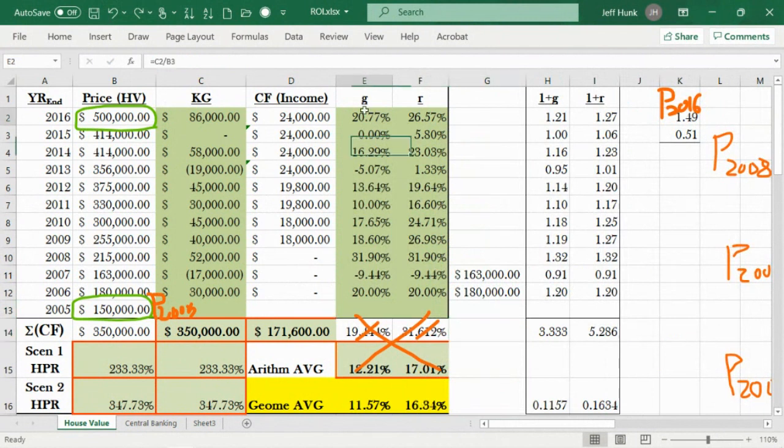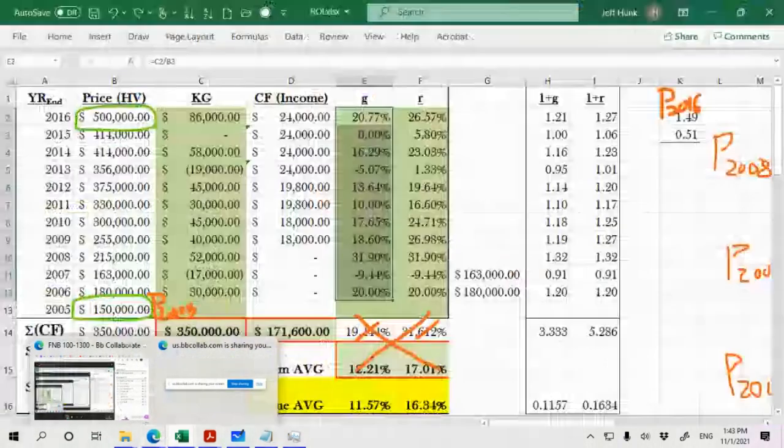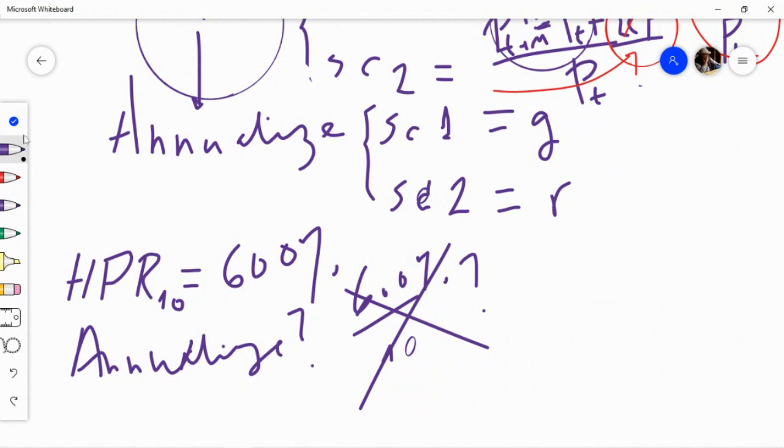In other words, I can take the average of these, right? But again, that's only the simple average. I told you there is a big difference between the simple average and the weighted average, and between the simple average and the geometric average. So we had to annualize it by geometric average, right? Do we annualize it by holding period return divided by 10?